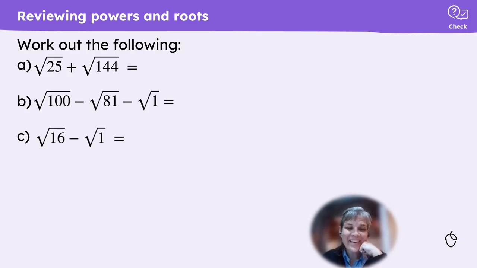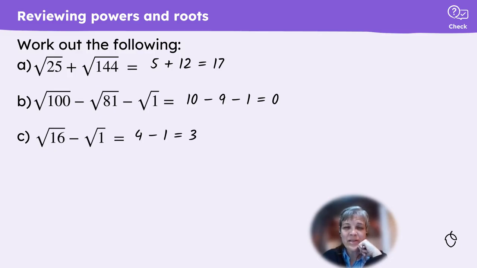Okay, welcome back. So hopefully for A, you got 5 plus 12 equals 17. For B, 10 minus 9 minus 1 is equal to 0. For C, 4 minus 1 is equal to 3.